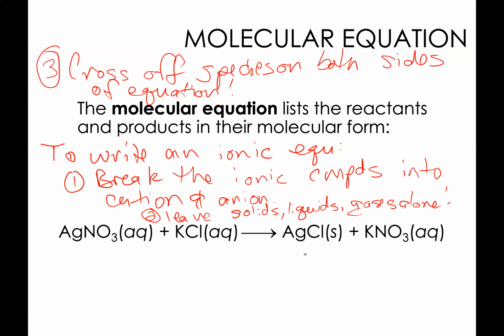It's unintentional. But that being said, once we cross off both sides, then we're going to, step 4, rewrite what's left. As far as the equation, this is going to be then referred to as a net ionic.